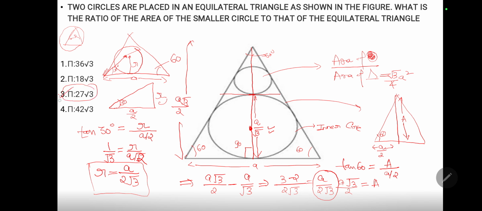This is our answer. Okay guys, I know that this problem took time, but this problem used all your geometry concepts. So what are the concepts which we have used? We have used the concept of inradius. We have used the concept of trigonometry, that we should know the value of tan 30 degree. And we used the concept of drawing a parallel line, so the angles would be equal.